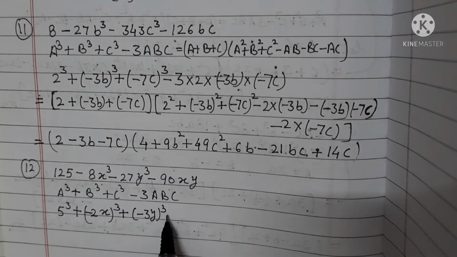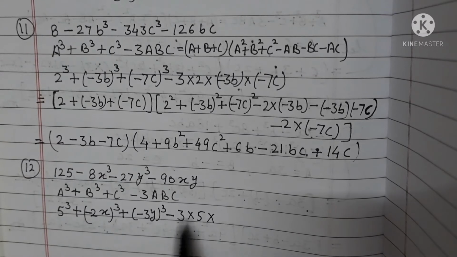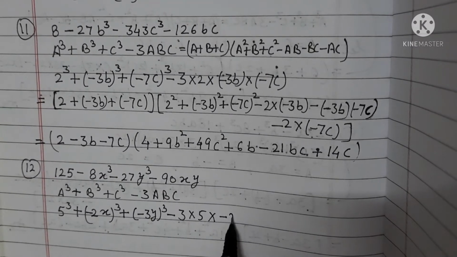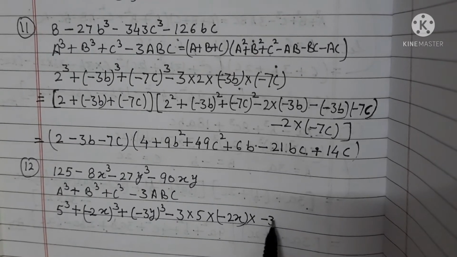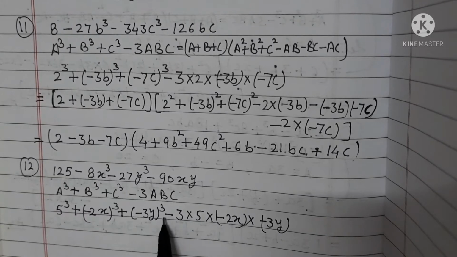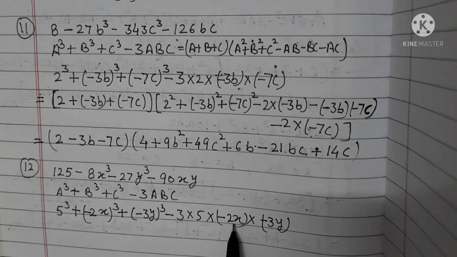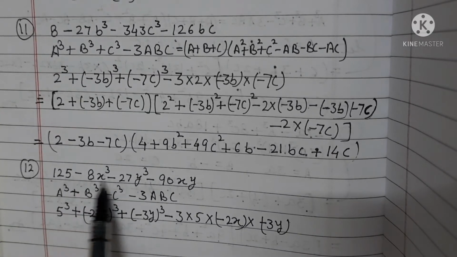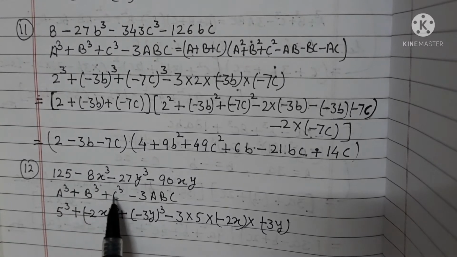Minus 3abc means 5 into b means minus 2x into c means minus 3y. Now minus minus plus, minus minus, so this is minus, and 5 times 3 is 15, times 2 is 30, times 3 is 90xy. It means it is the form a cube plus b cube plus c cube minus 3abc.